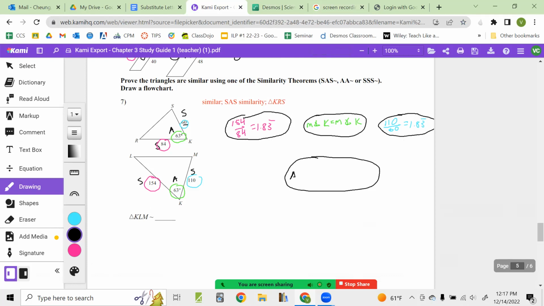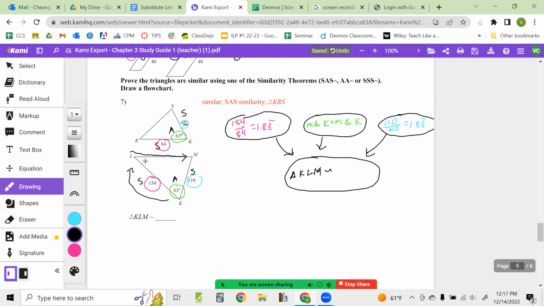Last part, triangle KLM. We do think they're similar. Don't forget your arrows and the arrowheads. K to L to M, that's the 63 to the big side, and this way, and then this way.